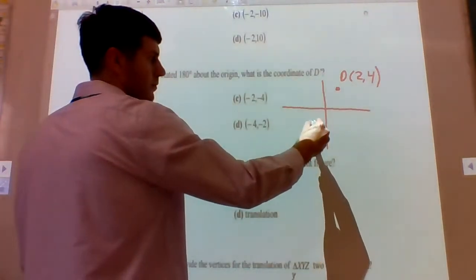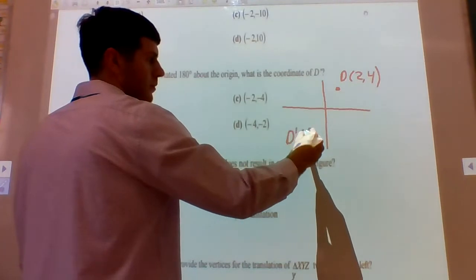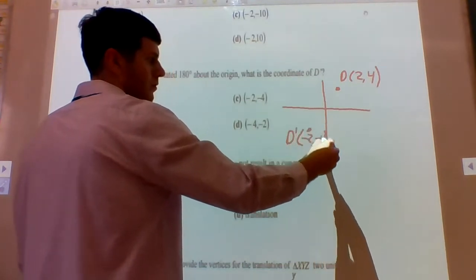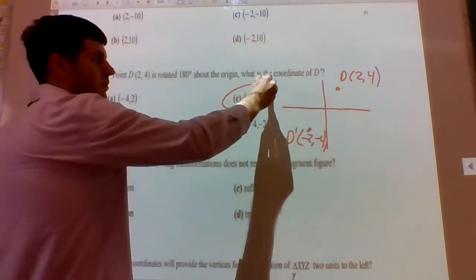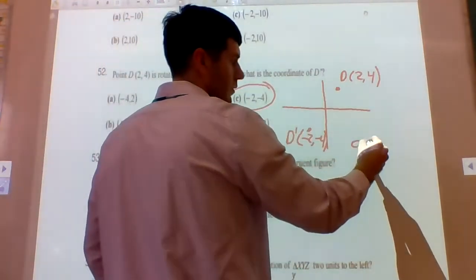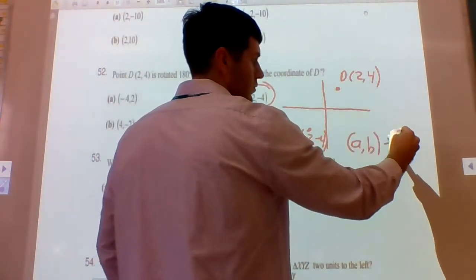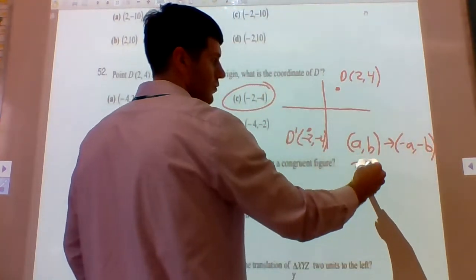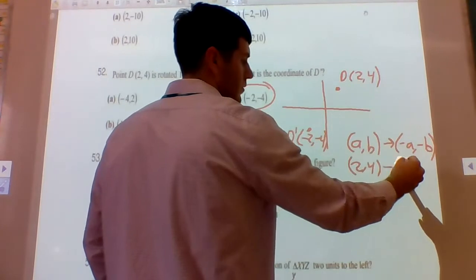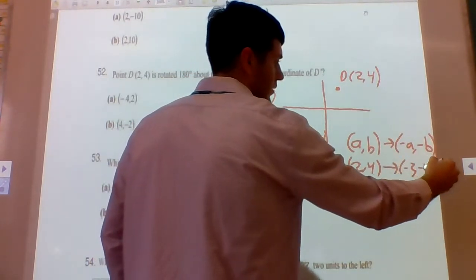So D prime is going to be -2, -4. Positive becomes negative, negative becomes positive, 180 degrees around the origin. So that's going to be -2, -4, choice C. It's AB goes to -A, -B. That's our rule. So 2, 4 goes to -2, -4.